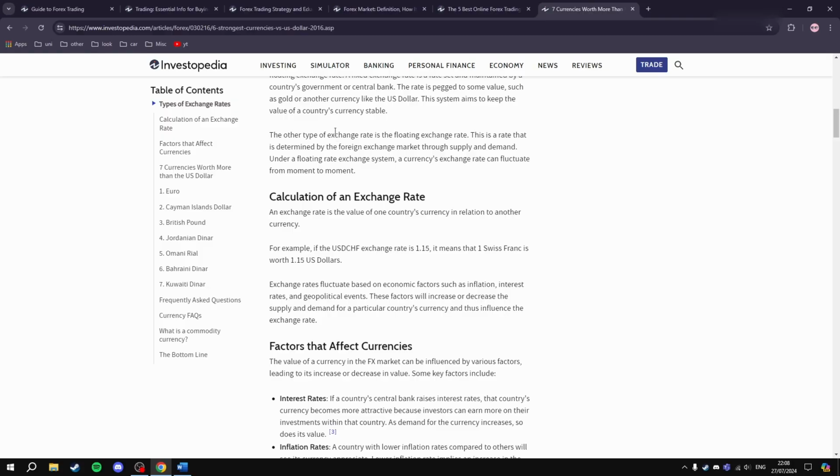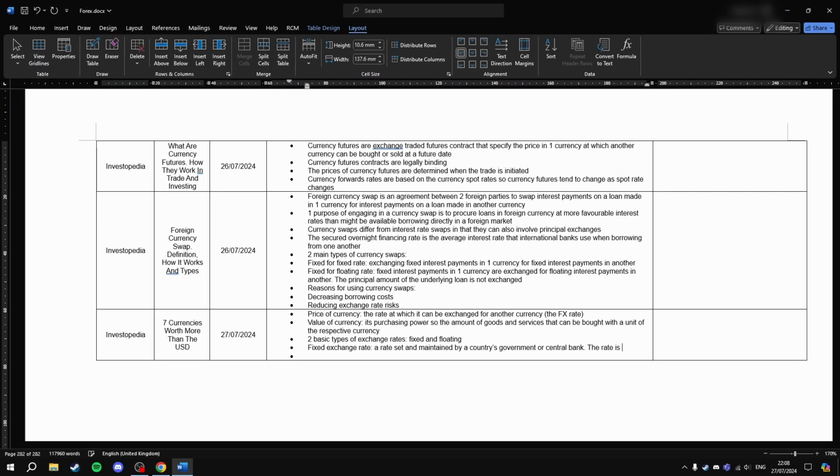The rate is pegged to some value, such as gold or another currency like the USD. This system aims to keep the value of a country's currency stable.